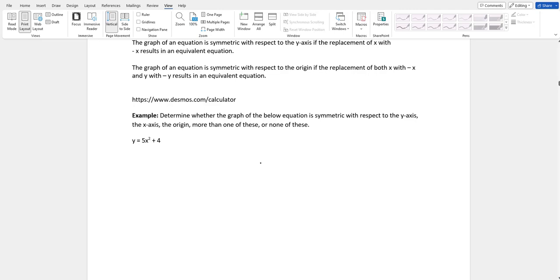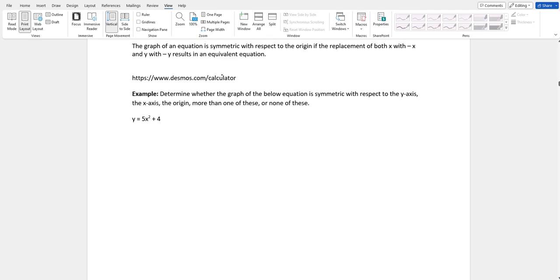So the first thing we're going to calculate is symmetry about the x-axis. To calculate that, we're going to set y equal to negative y. So I'm going to have negative y equal to 5x squared plus 4. Then I'm going to go ahead and get y by itself.